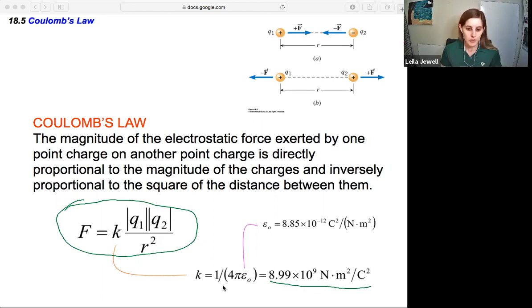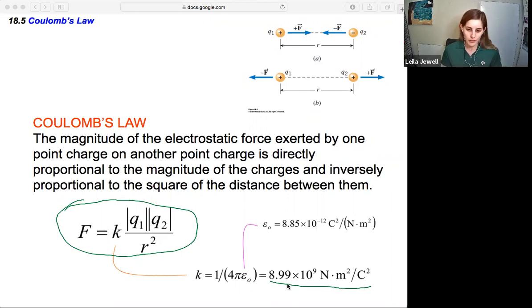This is also sometimes written, you'll see it in some books, as 1 over 4 pi epsilon naught, where epsilon naught is the permittivity of free space. And epsilon naught is just another constant. You don't have to have it memorized, you just have to know that it's something you can look up: 8.85 times 10 to the minus 12 coulomb squared per newton per meter squared.